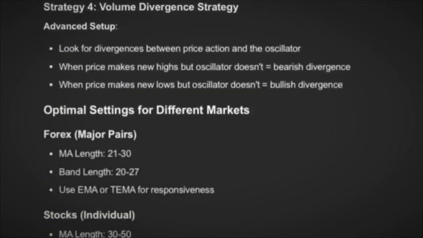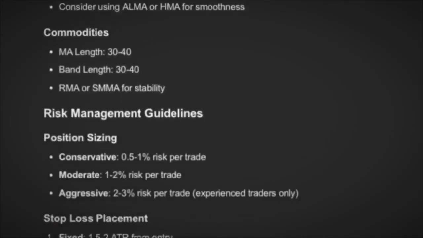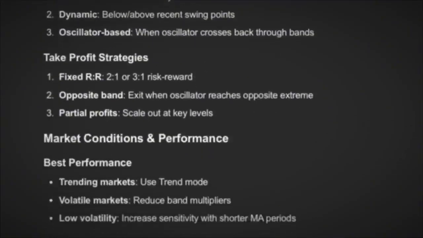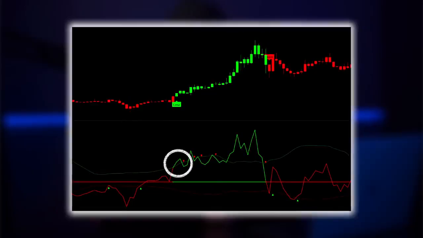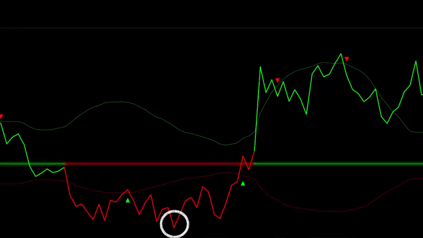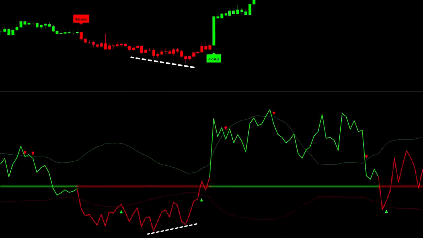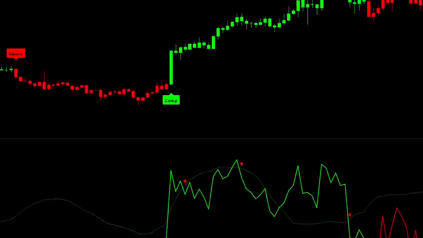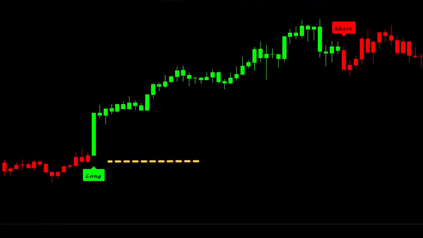Claude suggested using an EMA to track direction and watching for when the oscillator crosses certain dynamic bands. It recommended going long when the oscillator pushes through the upper band with strong volume, and short when it breaks below the lower band under the same conditions. It also suggested looking for bounce setups, where the oscillator hits a lower extreme, shows divergence, and then turns around. For risk management, it said to use the ATR to calculate smart stop loss and take profit levels.